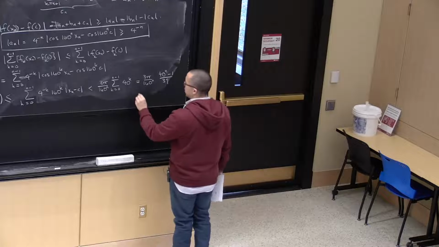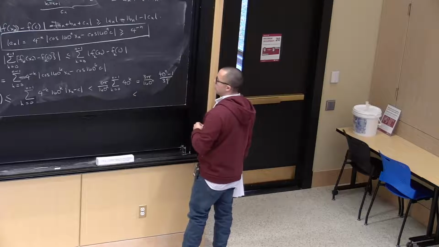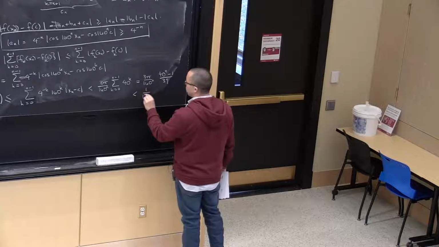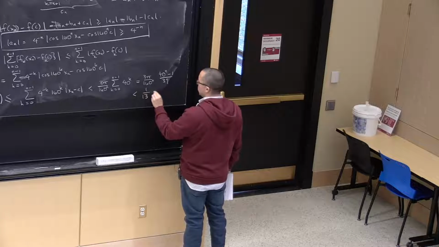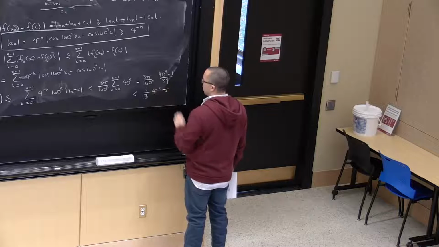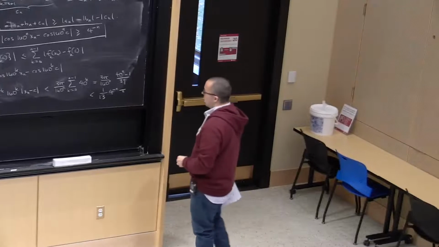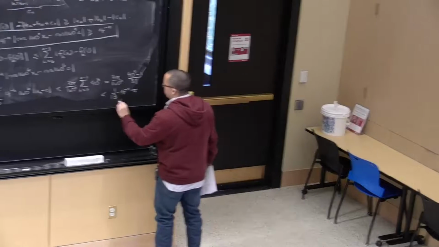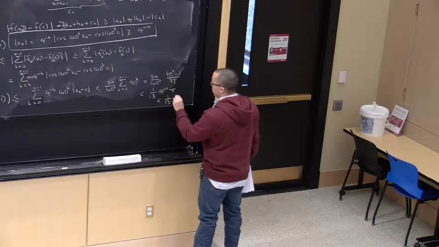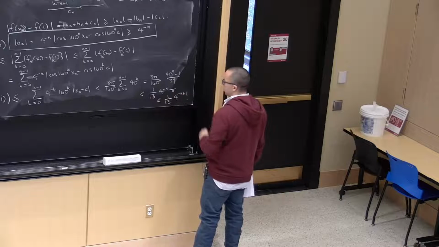Which is less than, okay, so take away the 1. This is 1 over 13, 4 to the minus n times pi. Right? And that's less than, pi is less than 4, so plus 1.